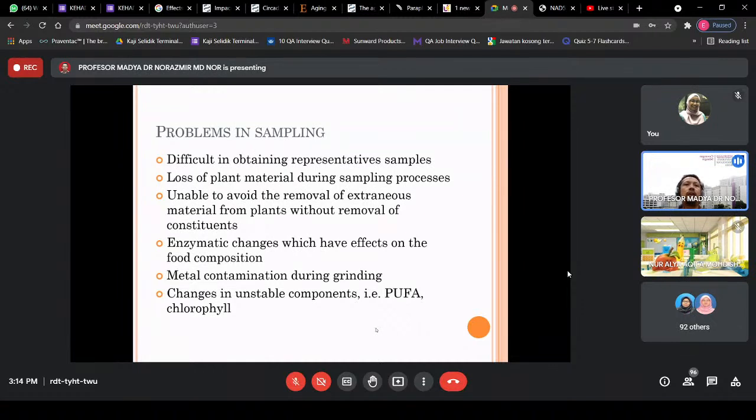We are unable to avoid the removal of extraneous material. Enzymatic changes, metal contamination, and also changes in unstable components like pigment components, chlorophyll, which is very sensitive to the environment, either to the light or to the air.